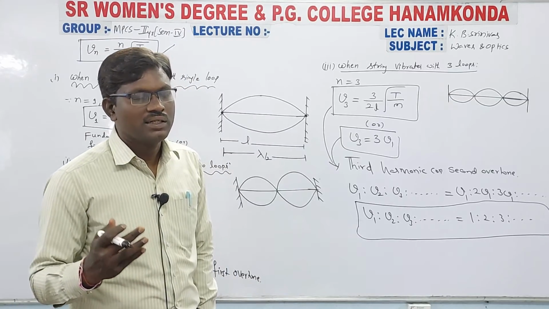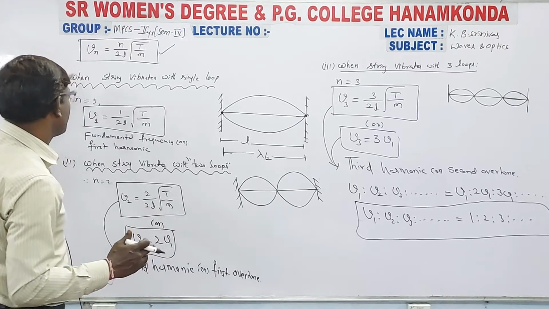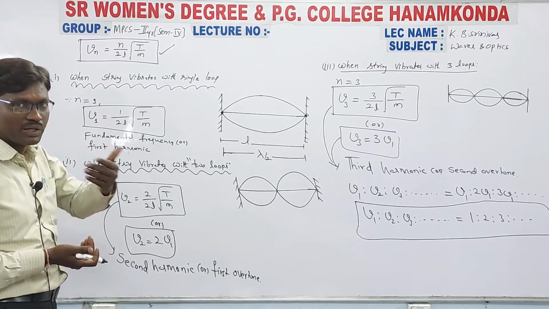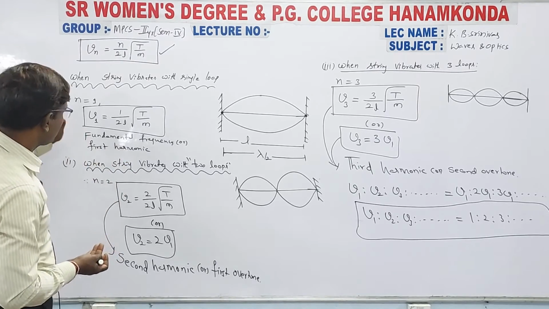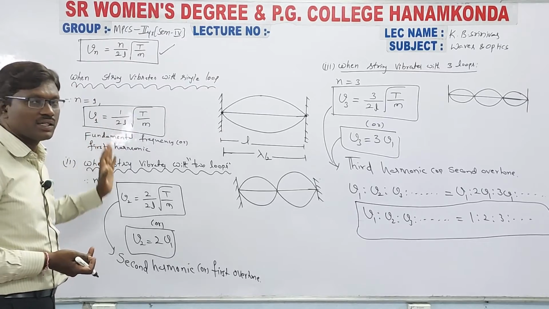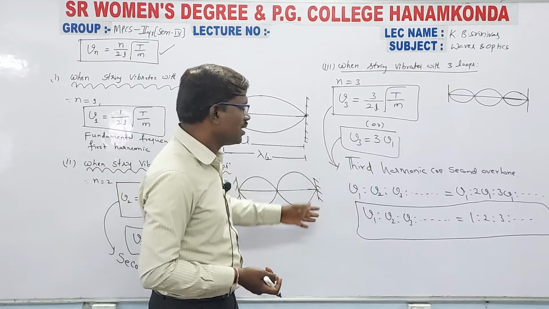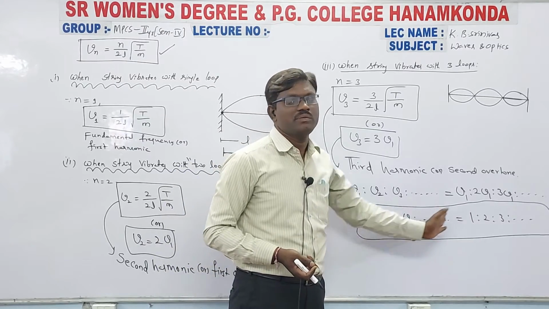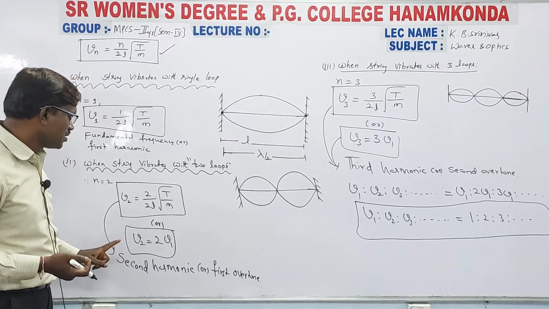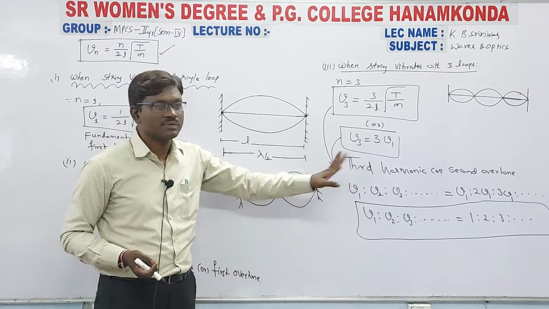If they ask like that, you have to derive the general expression for frequency of the string as n by 2L under root of T by m, that is the previous lecture, and you have to derive the expression for first harmonic, second harmonic, third harmonic, and finally you have to write the relationship between these harmonics. From the second harmonic onwards, overtones will start.